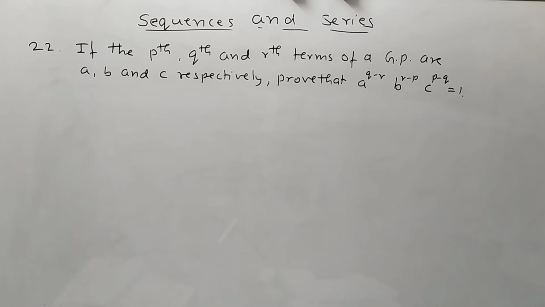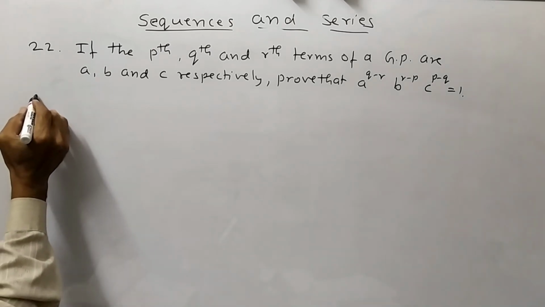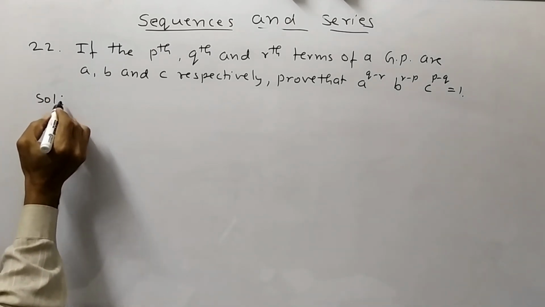Question number 22. If the pth, qth and rth terms of a GP are A, B and C respectively, prove that A raised to the power q minus r into B raised to the power r minus p into C raised to the power p minus q is equal to 1. Solution.